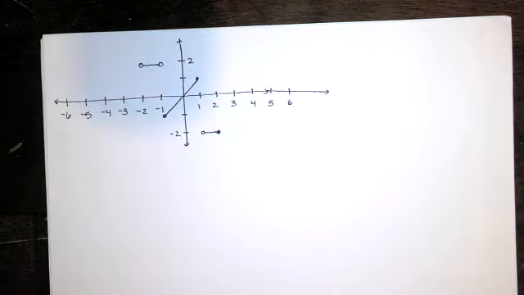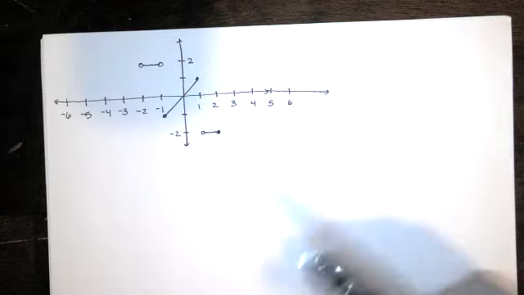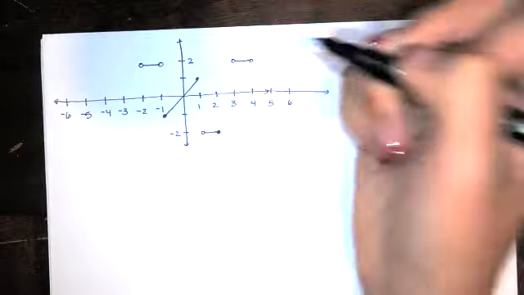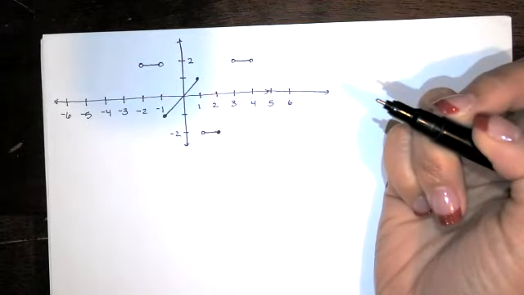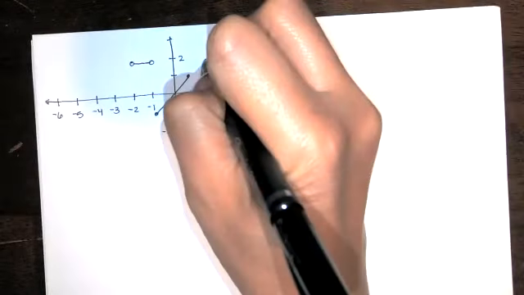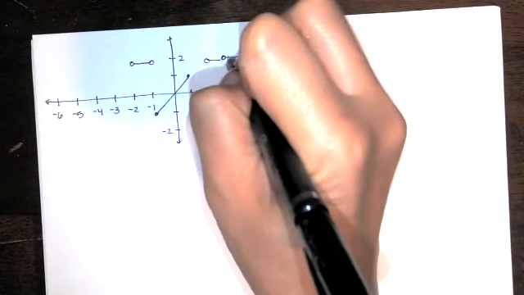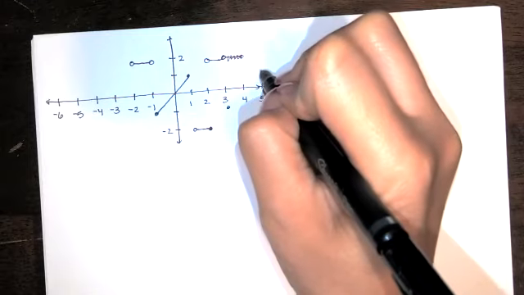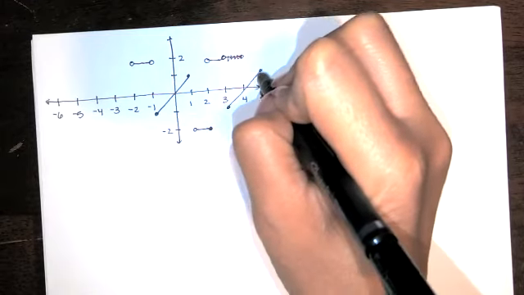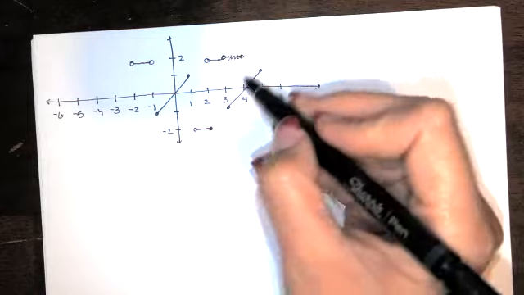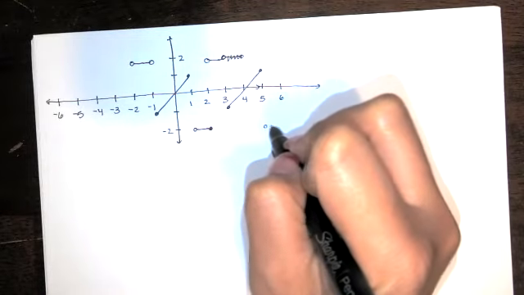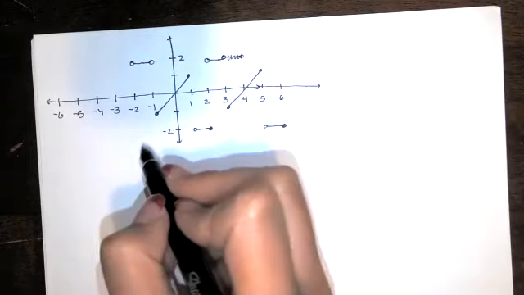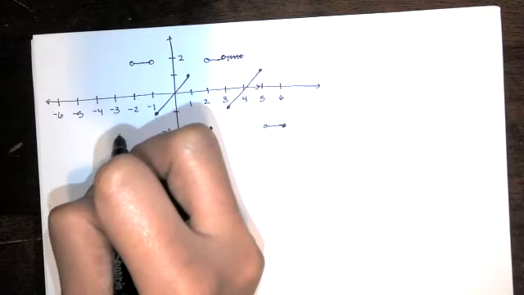Now you want that pattern to repeat over and over again. So on the next interval, we'll see this. Oops, that should be from 2 to 3. And then between 3 and 5, we'll see this. And then we will see this again. All right, now down here, we'll have this.